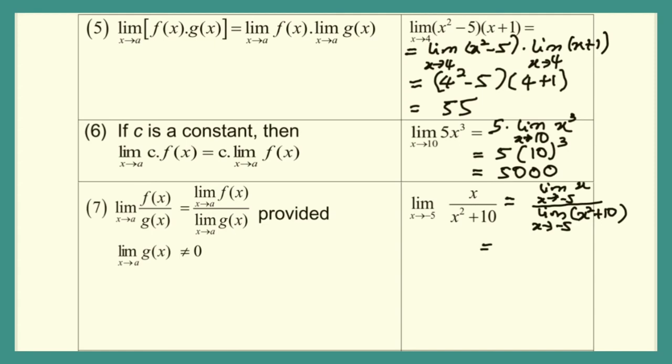That is negative 5 over negative 5 squared plus 10. Negative 5 squared is 25, 25 plus 10 is 35. This is equal to negative 1 over 7.